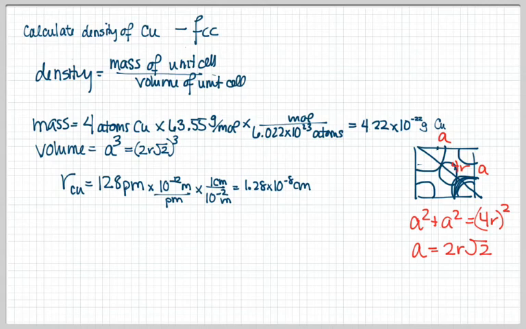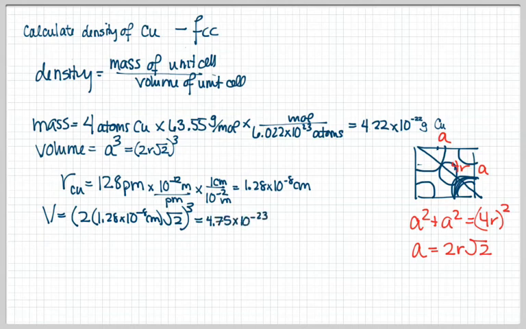If we put that into our volume formula, we get 2 times the radius in centimeters, so 1.28 times 10 to the minus 8 centimeters times the square root of 2. And then that whole thing is cubed. So, calculator, and I get that the volume is 4.75 times 10 to the minus 23rd cubic centimeters.